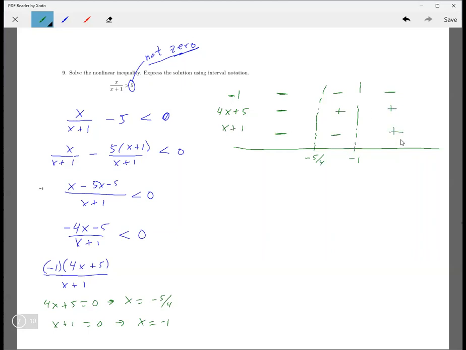It flips right here. And so the product, it's a quotient product, so negative 1, 4x plus 5, and x plus 1. It's negative there, positive there, and negative there.